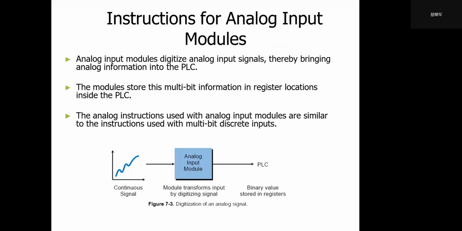The modules store this multi-bit information in register locations inside the PLC. The analog instructions used with analog input modules are similar to the instructions used with multi-bit discrete input.